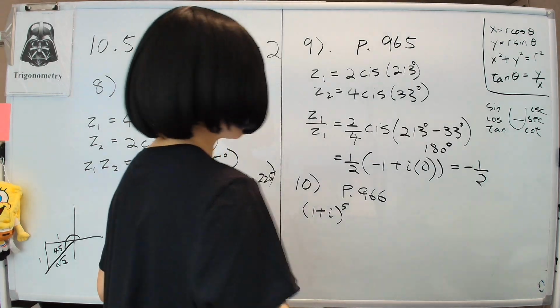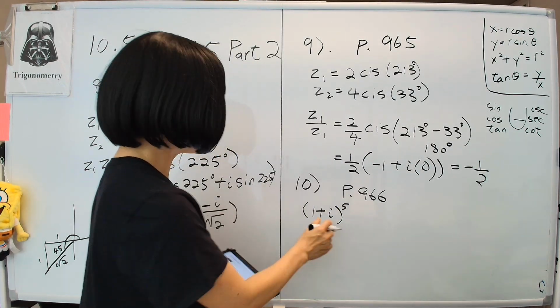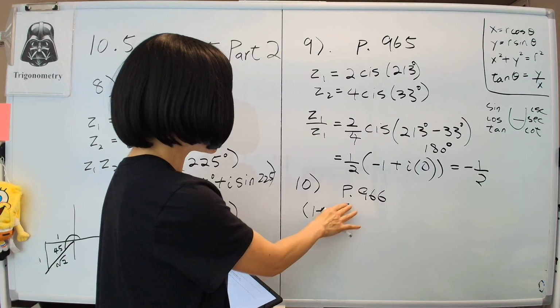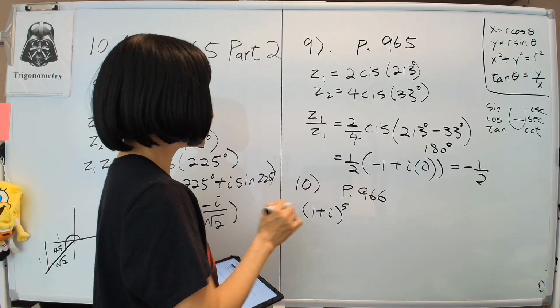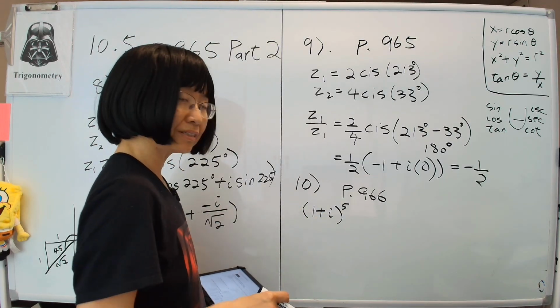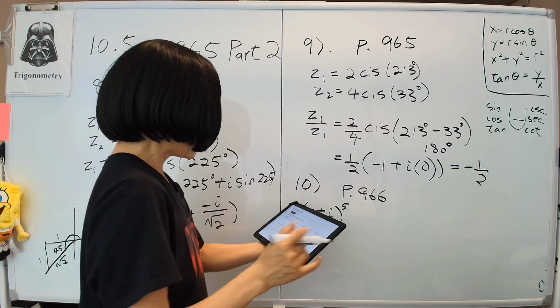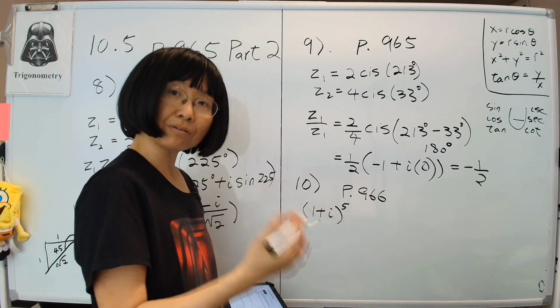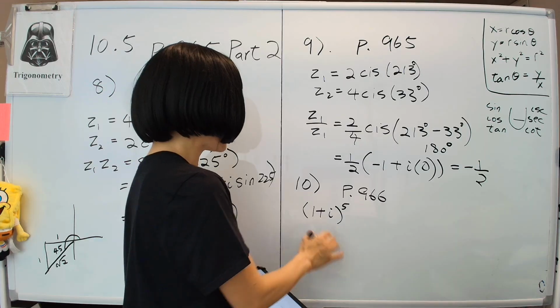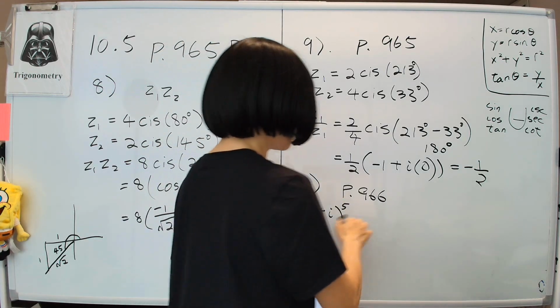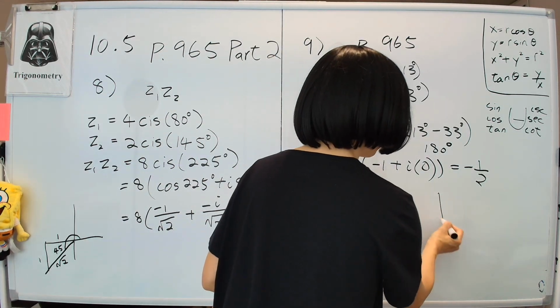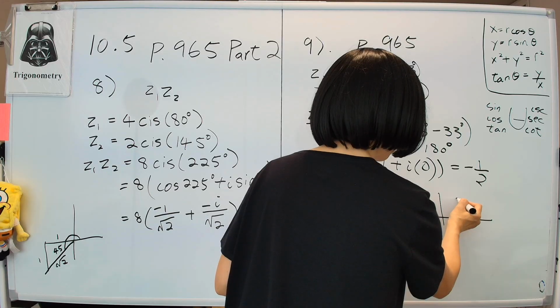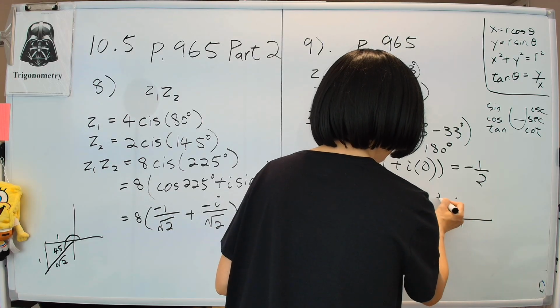So I have example 10 right here on page 966, where we have (1 plus i) to the power of 5, and we're supposed to solve this with De Moivre's theorem. However, that theorem only applies if the number is in polar form, but this is in rectangular form. So let's turn it into polar by drawing it out. Where's 1 plus i? Here's 1, and this is i.